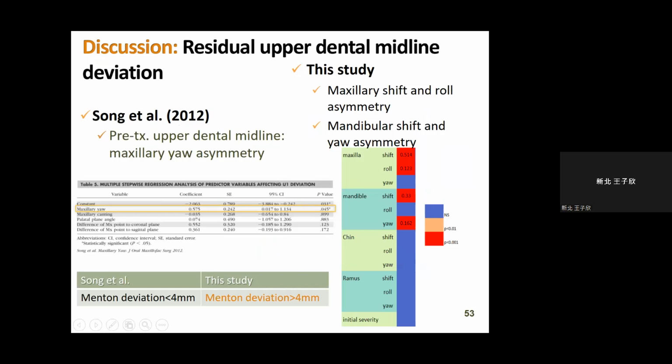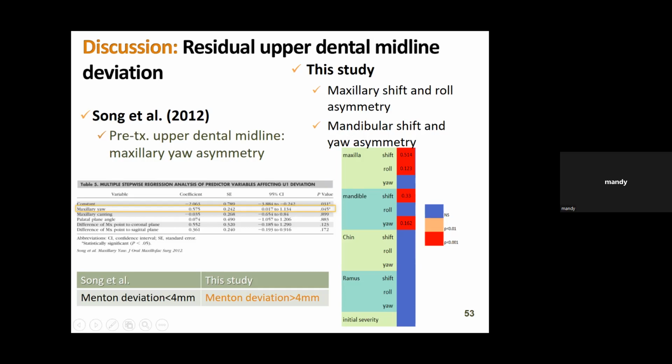And for the residual upper dental midline deviation, in the Song study, they analyzed pretreatment variables and found that maxillary yaw asymmetry was the primary contributing factor for upper dental midline deviation in patients with upper dental midline deviation greater than 2 millimeters.